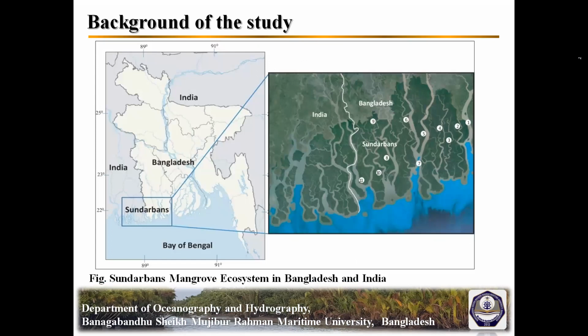Here you can see the location of the Sundarbans. It is situated in the southwestern part of Bangladesh, and there are 11 major rivers and hundreds of channels and tributaries within it.